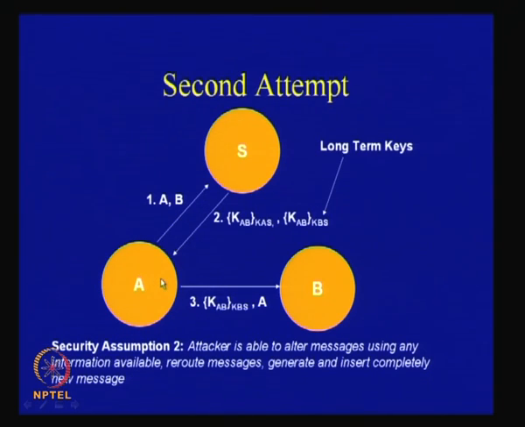Now A also has the long term key, KAS, and therefore it can take this traffic, decrypt it and obtain the value of KAB.